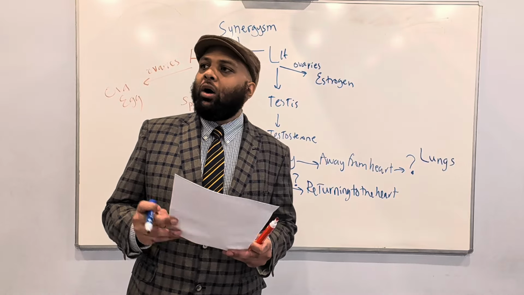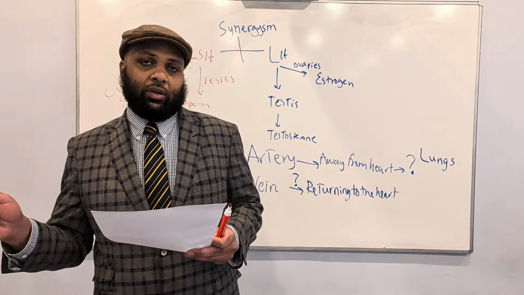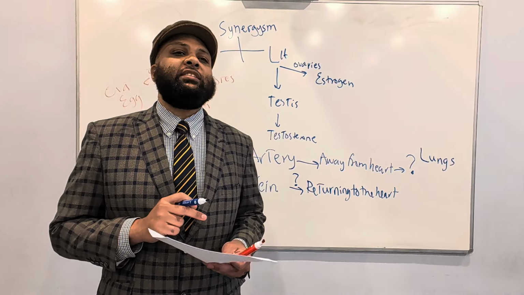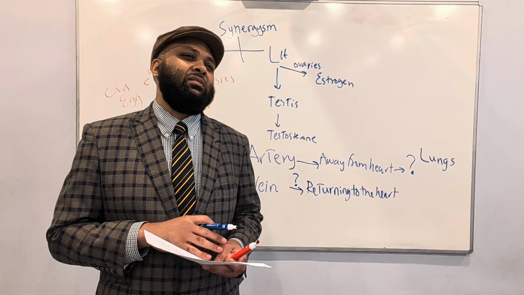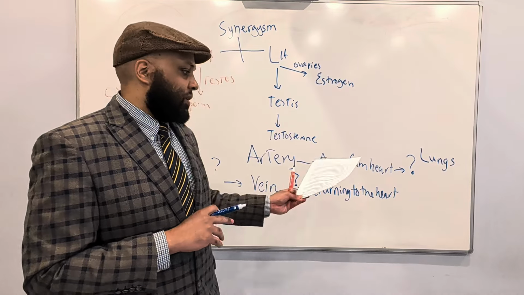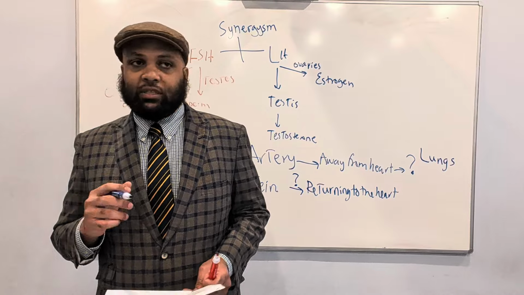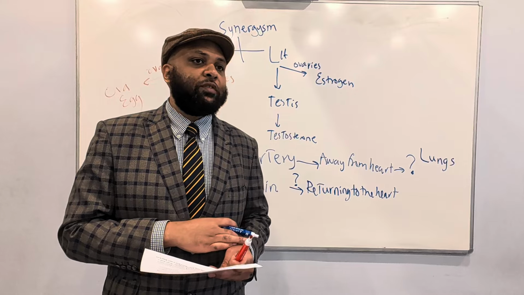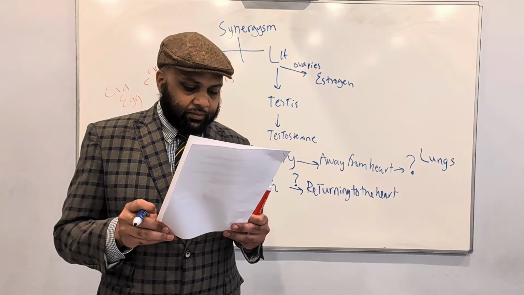34. Systemic artery. So, where is systemic artery leaving? Artery is leaving the heart. Systemic is heading to the systemic tissues. What kind of blood is flowing inside it? Oxygenated blood.